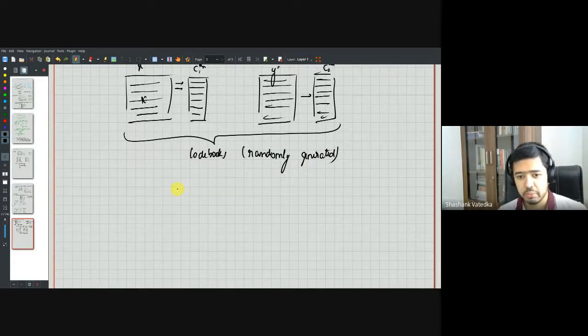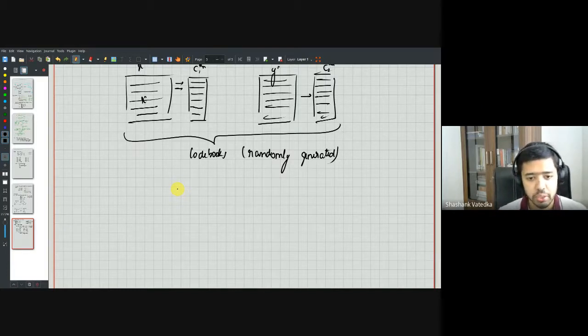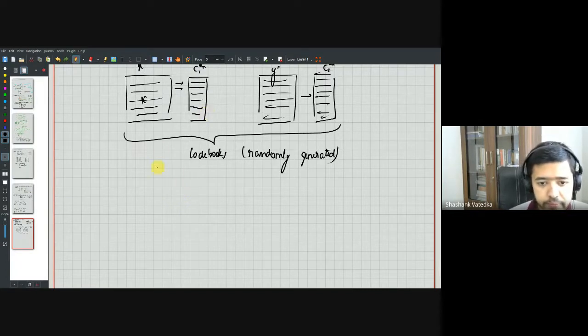Even before seeing the messages, even before doing any encoding, you draw one code book at random, share it between the senders and the receiver, and then you start compressing.